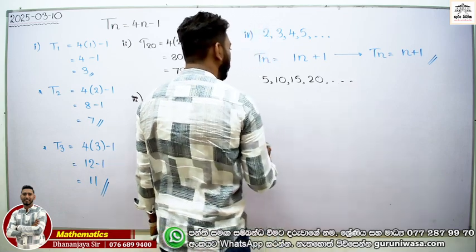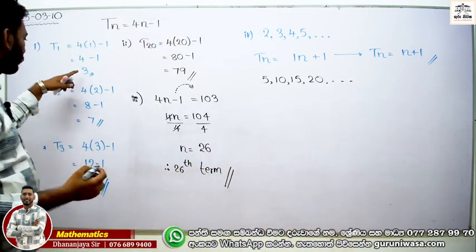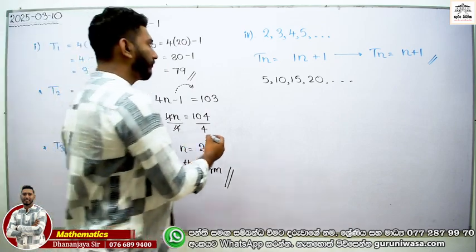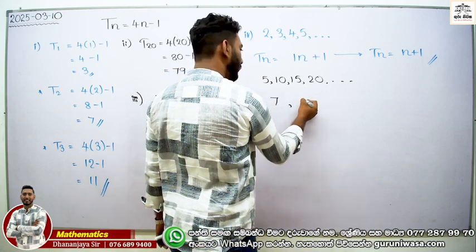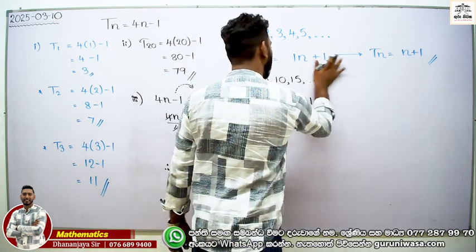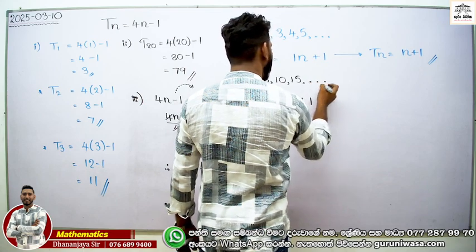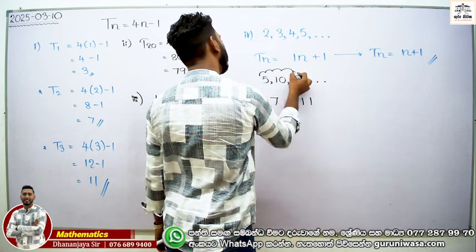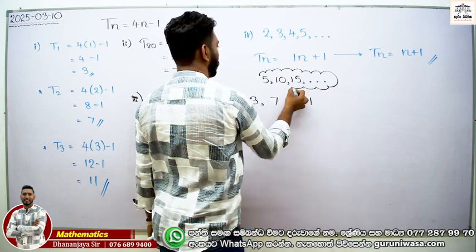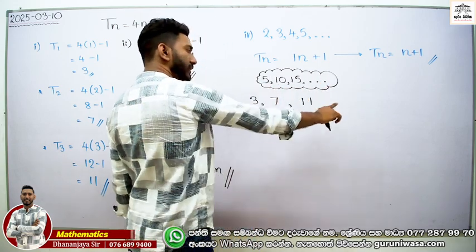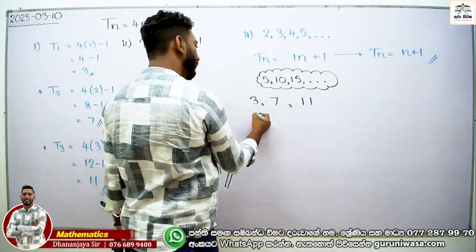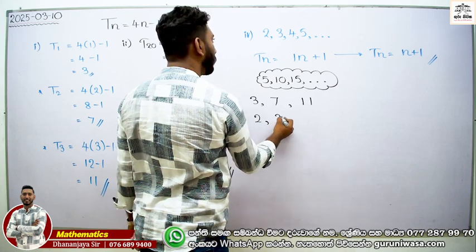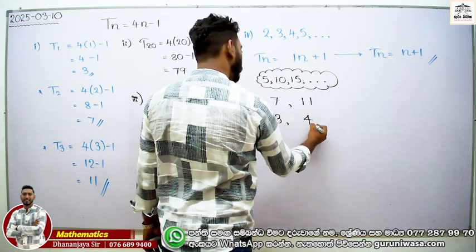Right? Now look at the first term. 3, 7, 11. මේ බලන්න. 3, 7, 11. හරිනේ. And this is the multiples of 5. And this is the first expression, 3, 7, 11. And look at the second expression, 2, 3, 4 like that.